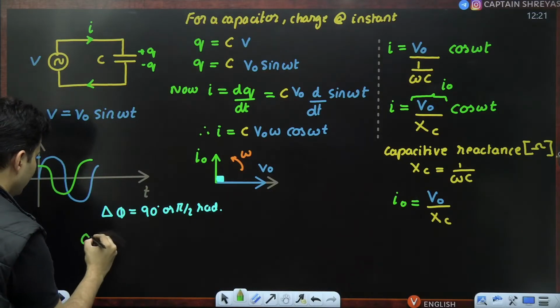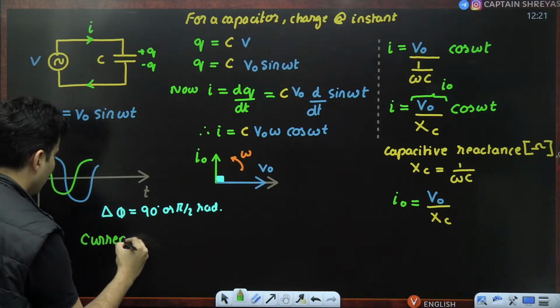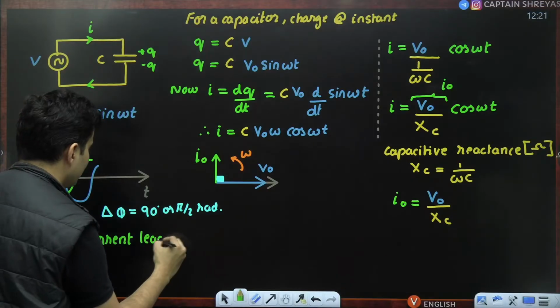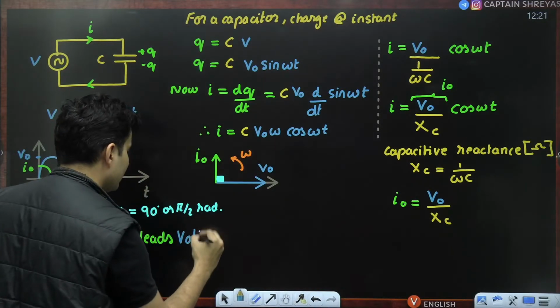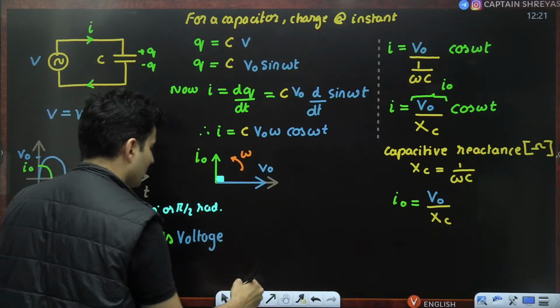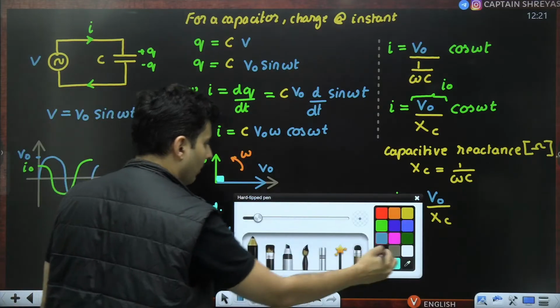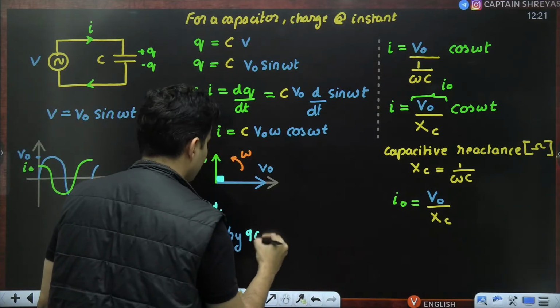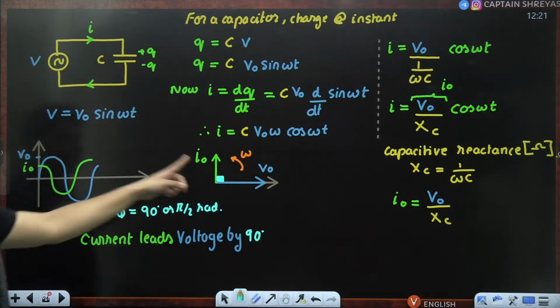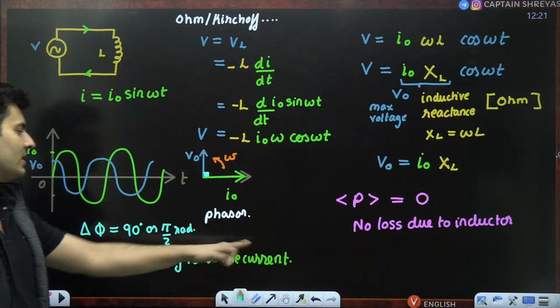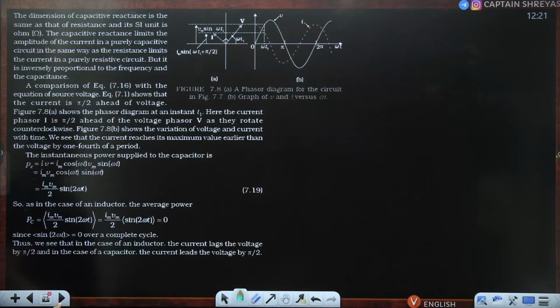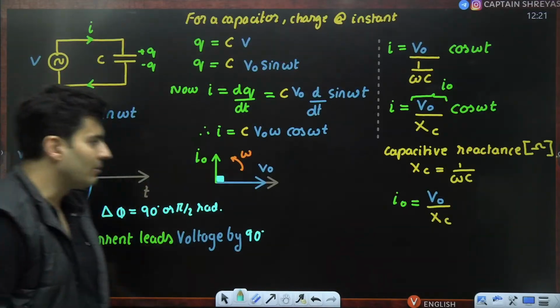The current leads the voltage by 90 degrees. Earlier it was the voltage which led the current by 90 degrees.